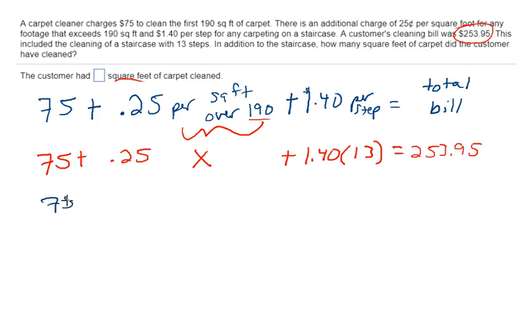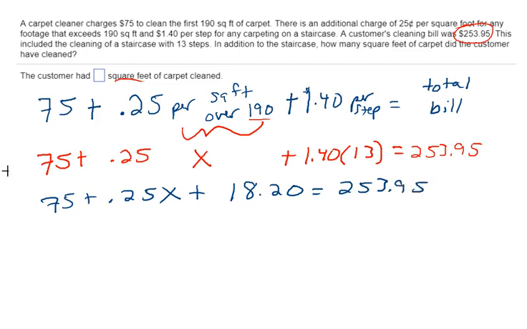So we'll have 75 plus 0.25x, plus, using my calculator again, $1.40 times 13. It's going to be $18.20 equals $253.95. Now, my usual habit is not to add or subtract things on both sides of the equation until everything's been simplified as much as possible.